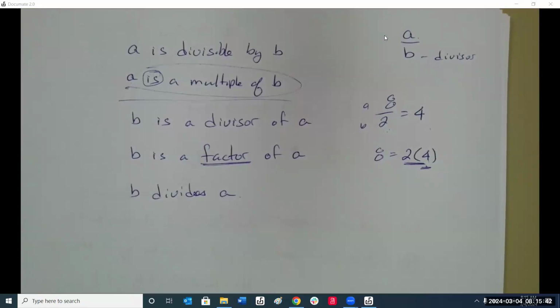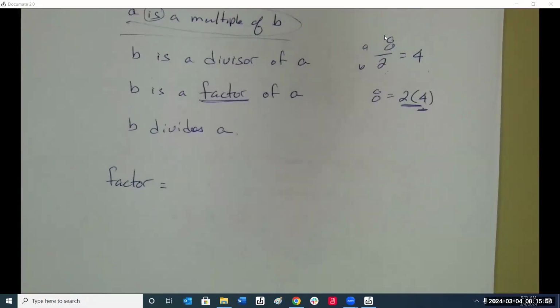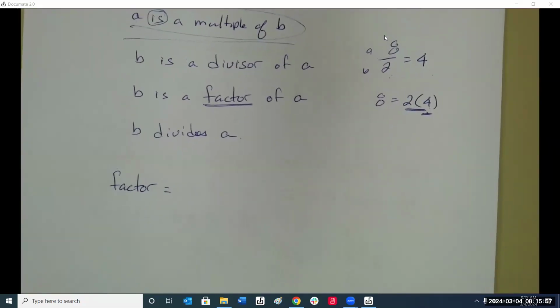What does that mean? What is a factor? That's a quotient. That's a product. What is a factor? I know you've seen it before.